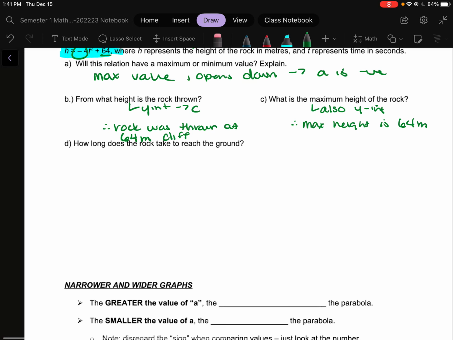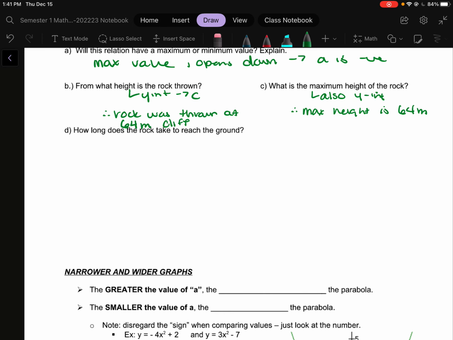And then how long does the rock take to reach the ground? This is where we have to find our x-intercepts, which are our zeros. And we have to put this into factored form. So therefore, we have h equals -4t squared plus 64. Let's factor this out.